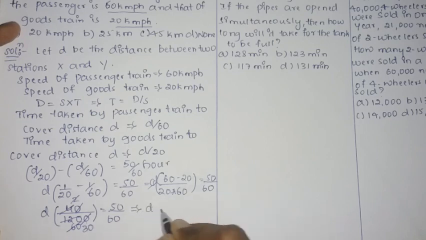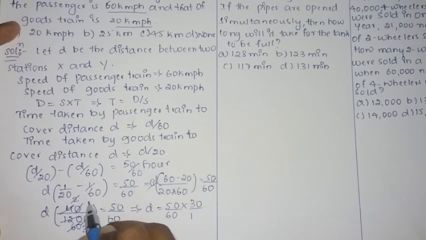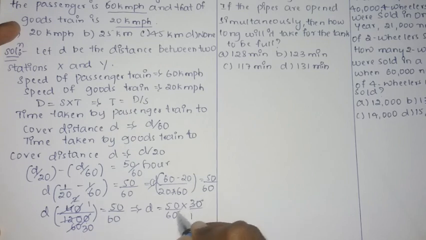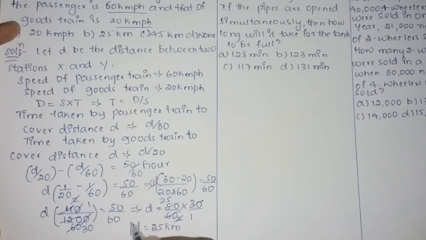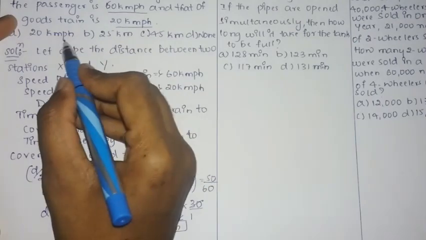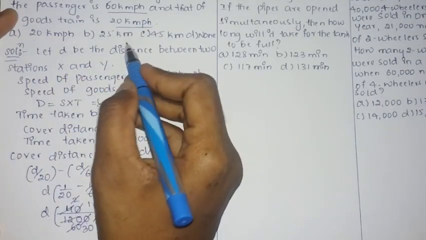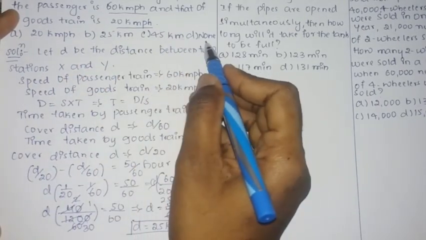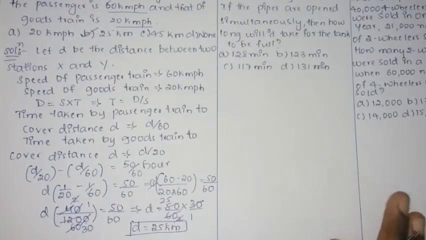We want d, so distance equals 50 divided by 60 into 30 divided by 1. So you can say distance d is equal to 25 km. Then check the options: option A is 20 km, option B is 25, C is 45, and D is none. So 25 km is the correct answer for this question.